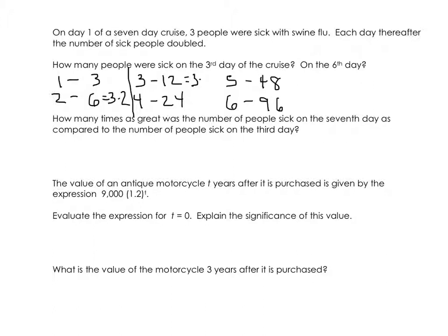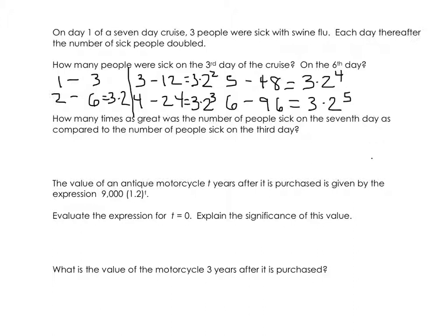So we had 3 times 2 times 2, or 3 times 2 squared. Every day that we go out, we want to multiply it by 2 another time. 3 times 2 to the third. 3 times 2 to the fourth. 3 times 2 to the fifth.